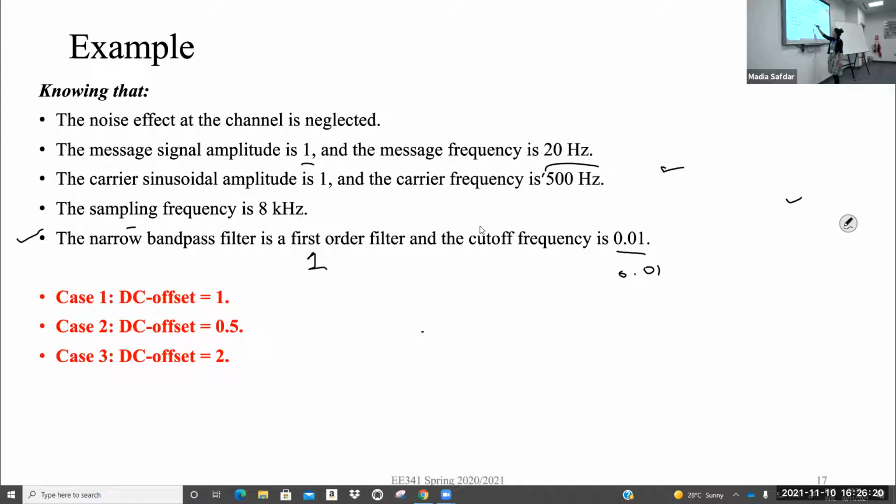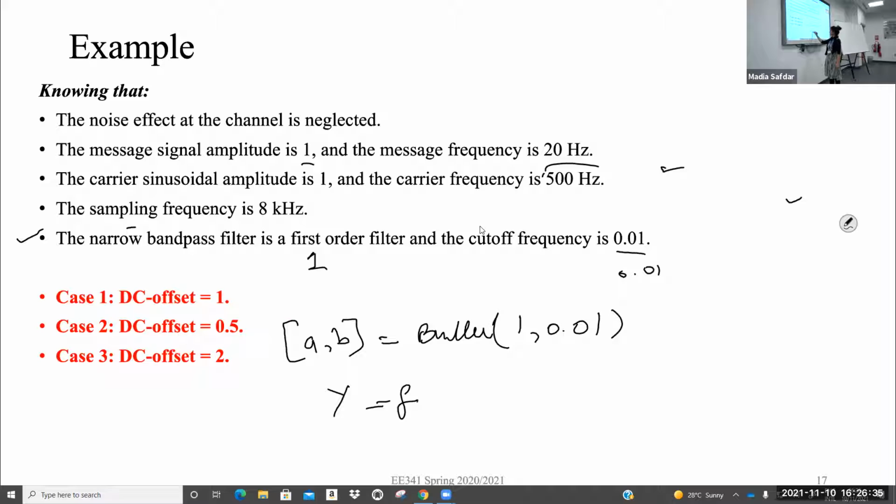You remember that command: [A, B] = butter, then Y is equal to filter of A, B, and your input signal, whatever it is, xt. So this is for this step.